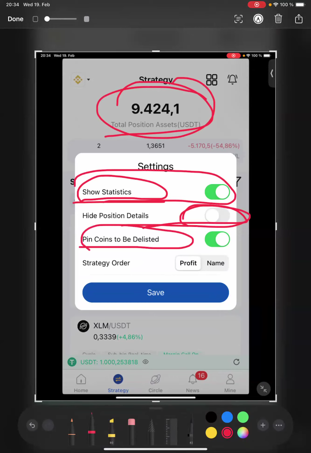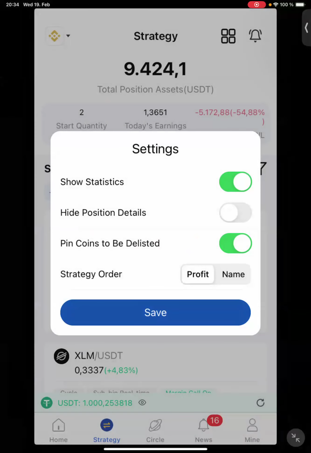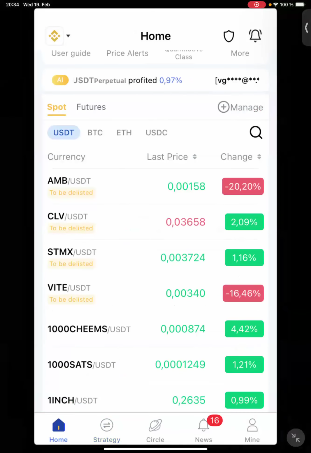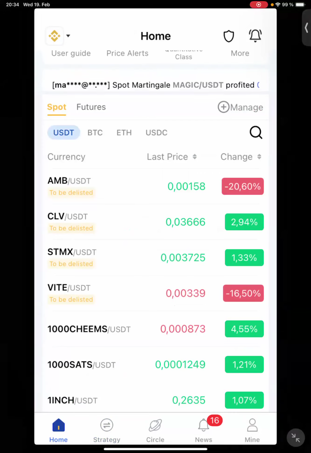Then pin coins to be delisted. If this is off, and for instance they are delisting a coin, you might not know. Then you go and pick it as the highest negative. Someone who is new knows about picking coins that are down, because they know that as it goes down, the next level it has to go up.